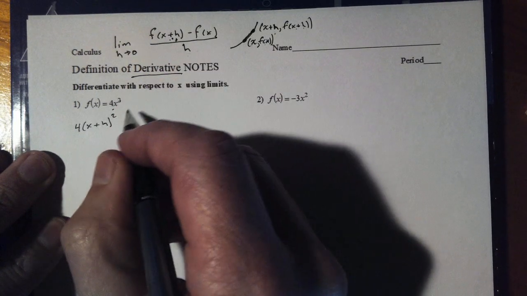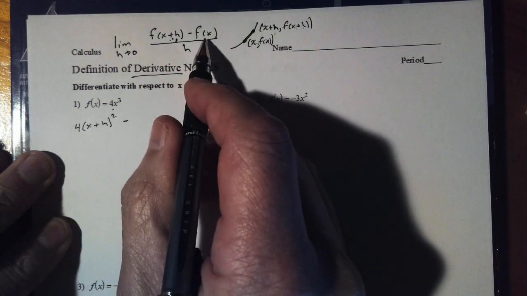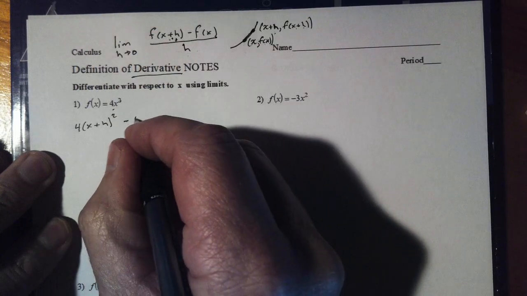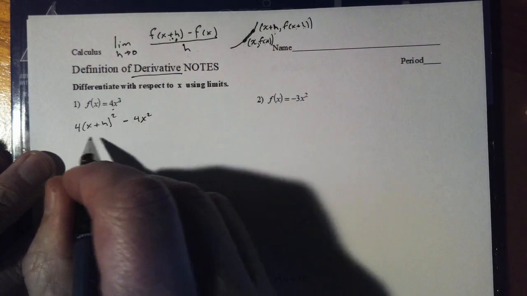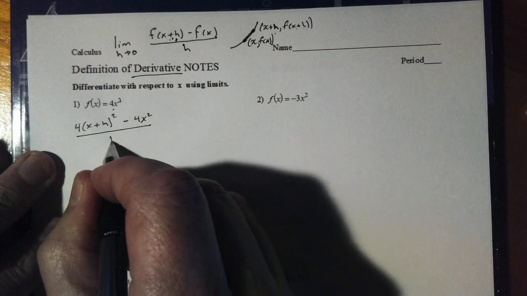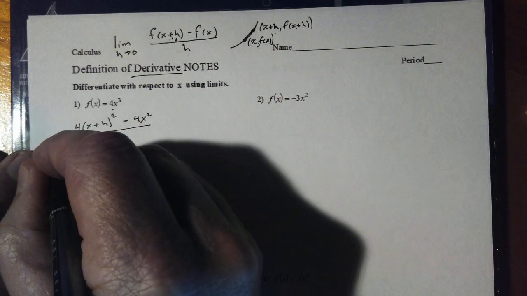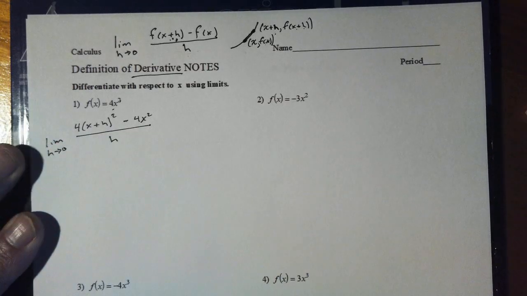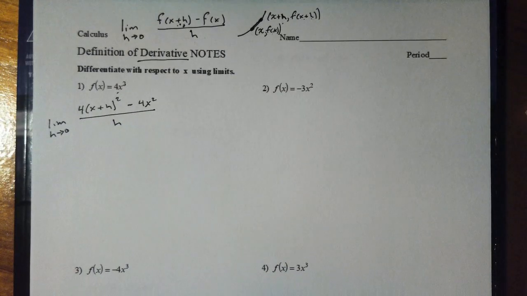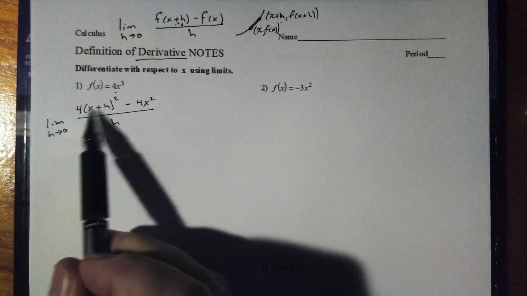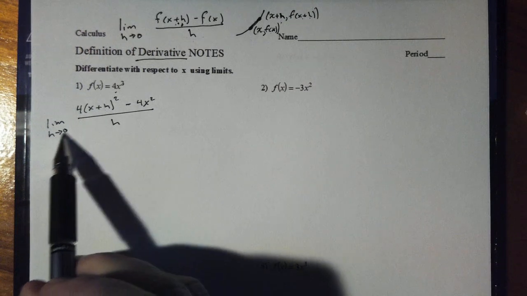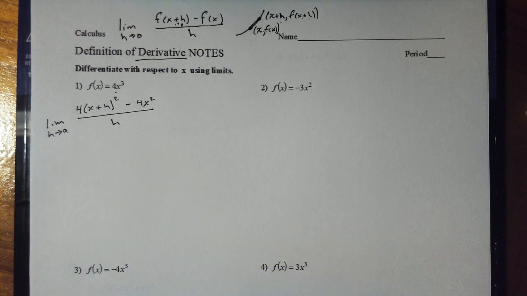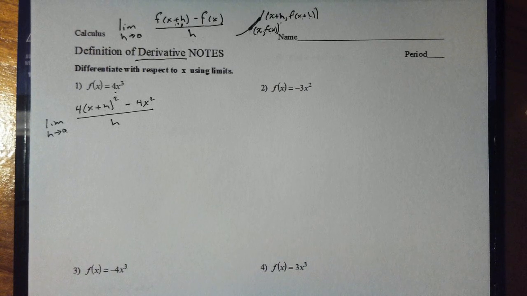That's f of x plus h. Minus plain old f of x, 4x squared, all on h, and what we want to have is h to be 0. And you see, if h is 0 right now, what I would get is 4x squared minus 4x squared, 0 on 0. We can't do that. So hopefully some good stuff happens to us along the way.